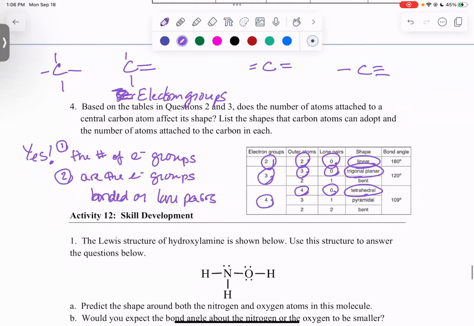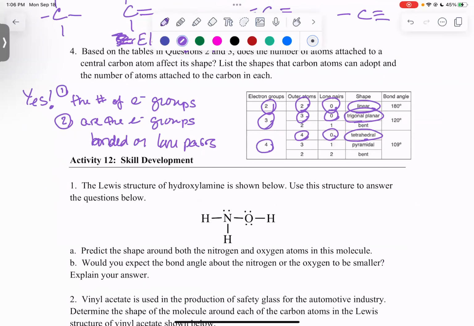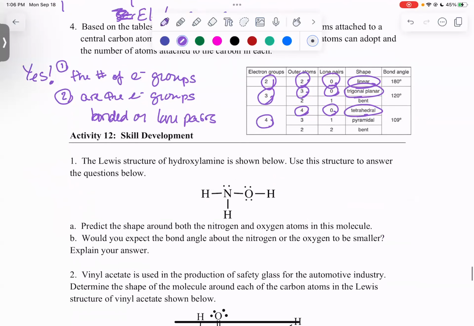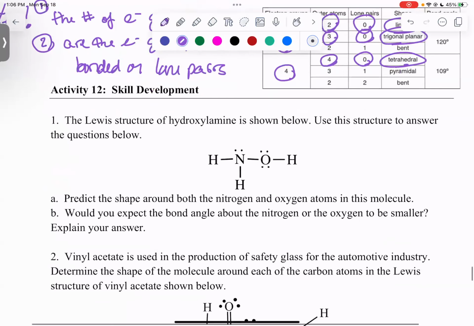All right, now oxygen, on the other hand, is a little different, right? So we have to look at some molecules that have oxygen, some molecules that have nitrogen, because we can't just focus on carbon. So here's an example of a compound with nitrogen and oxygen. We want to predict the shape around the nitrogen and the oxygen atoms in the molecule. So let's start with nitrogen. Nitrogen, how many electron groups do I have?